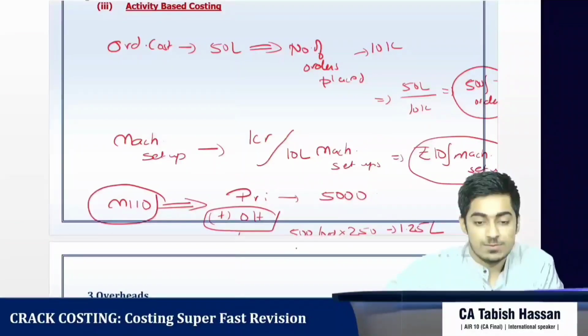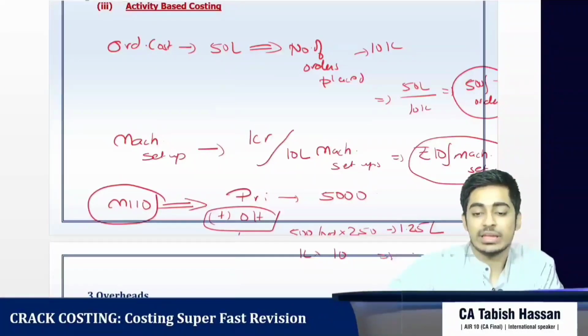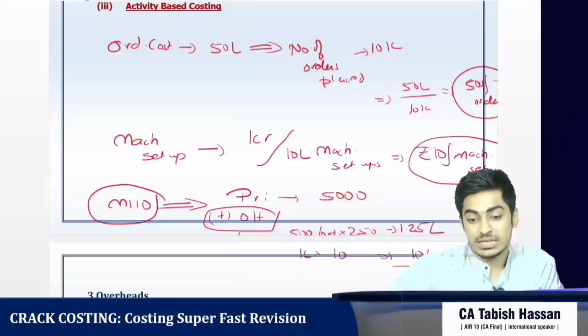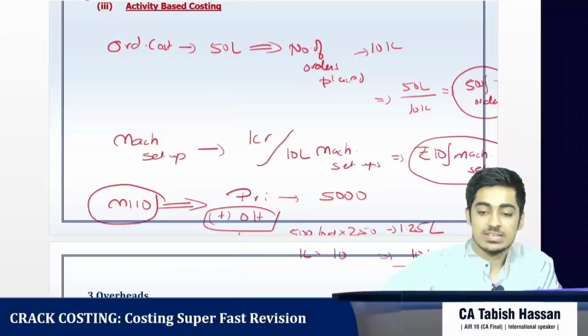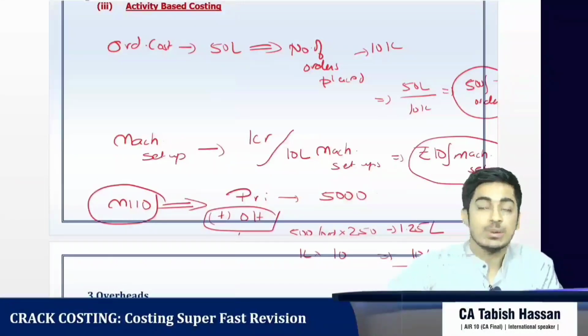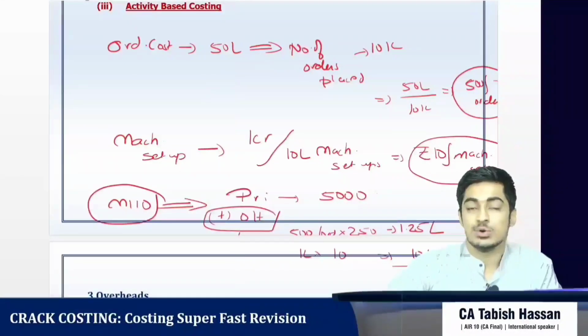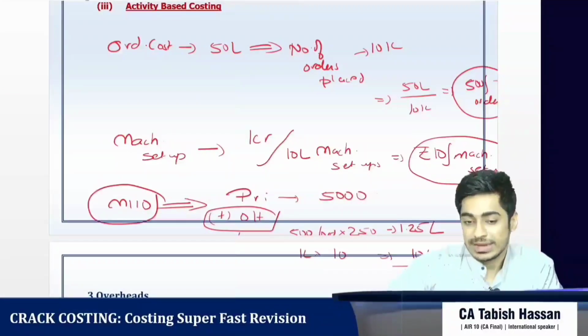And then we've set up the machines. We've set up the machine 1 lakh times in the year. That comes to 1 lakh into 10 rupees. So the total overhead for the year for MI10 would be 11.25 lakh. Say for example, we've manufactured 1 lakh mobiles in the year. We get the overhead cost per unit of mobile at rupees 11.25.